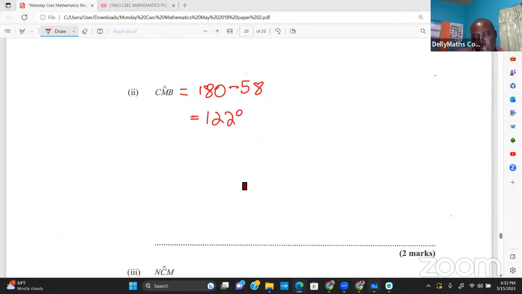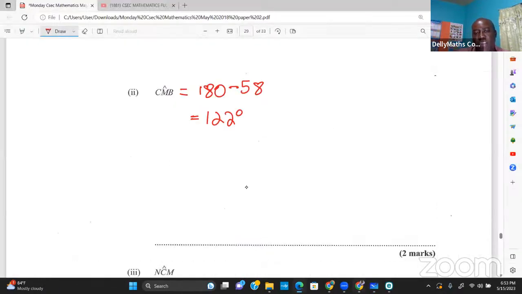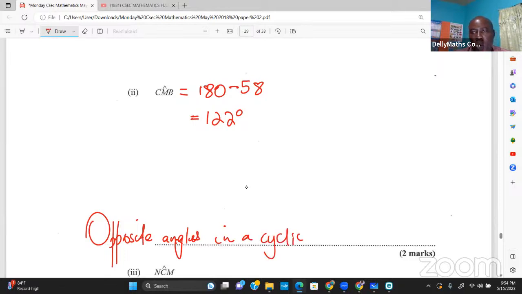122 degrees. Let me put it on. I like to put them on. This is 122 degrees. And what's going to be my reason? Opposite angles in a cyclic quad add to 180.